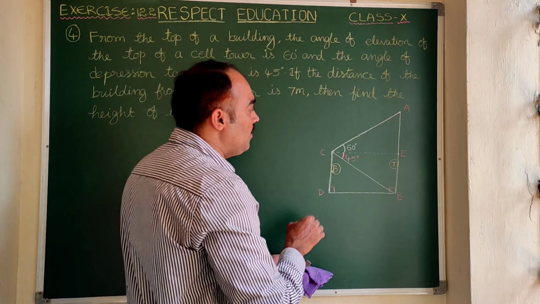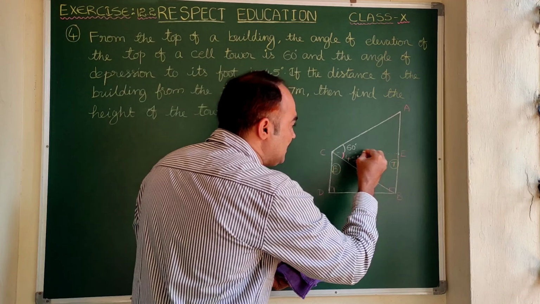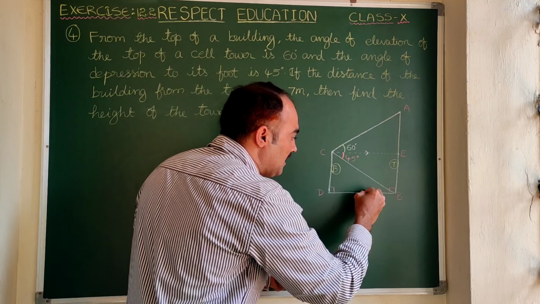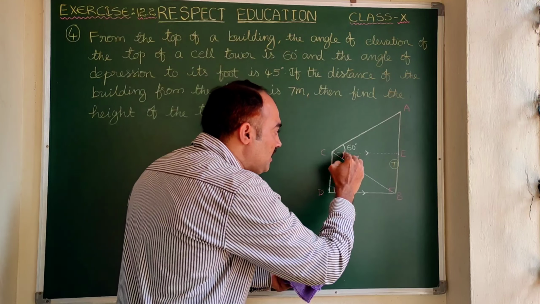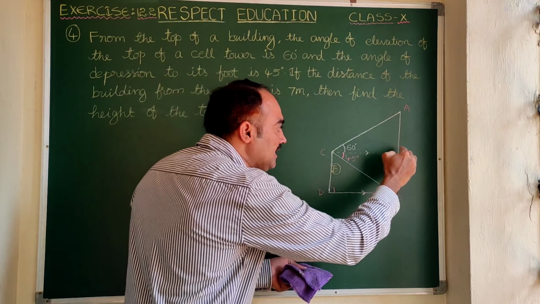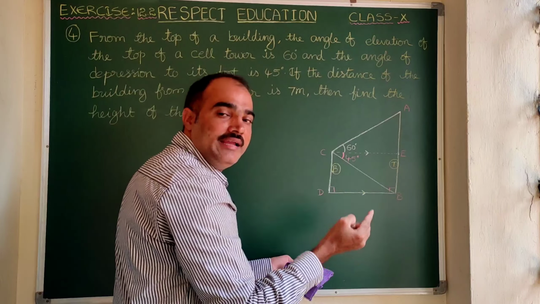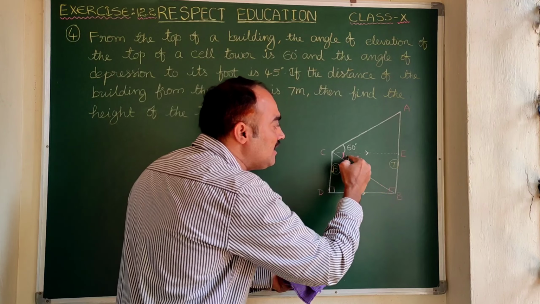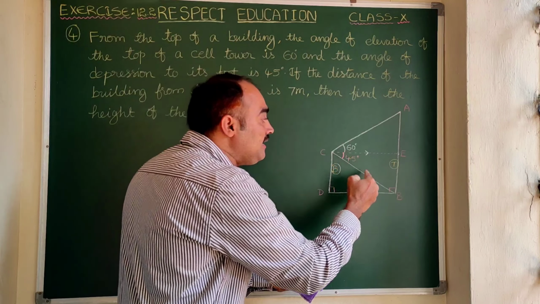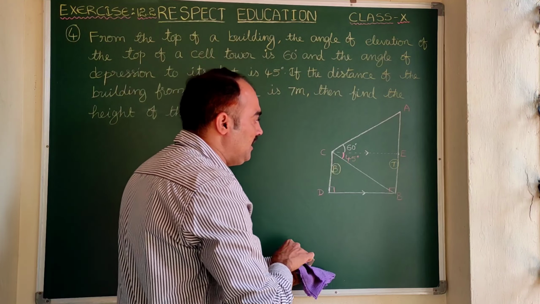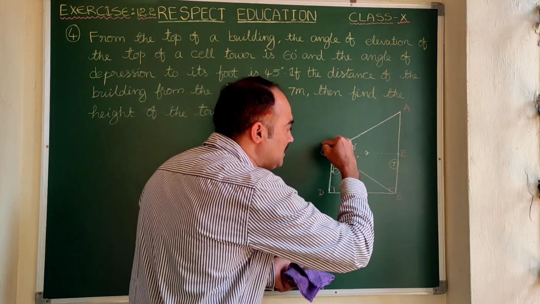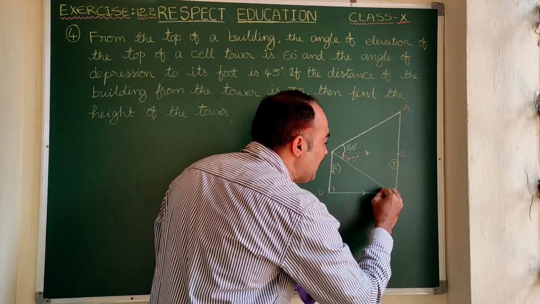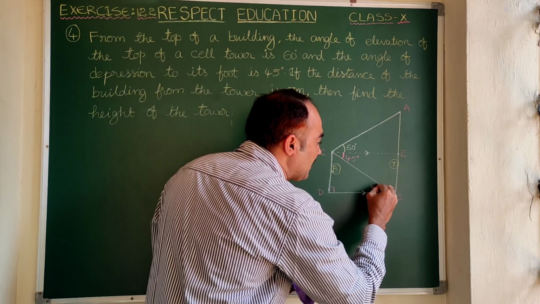Now here what we are going to do, since these two are parallel, this horizontal line is parallel to the earth, angle ECB is equal to angle CBD, because these two angles are alternate interior angles. So here since these two lines are parallel, BC acts as transversal, so this 45 degrees can be shifted from here to here.